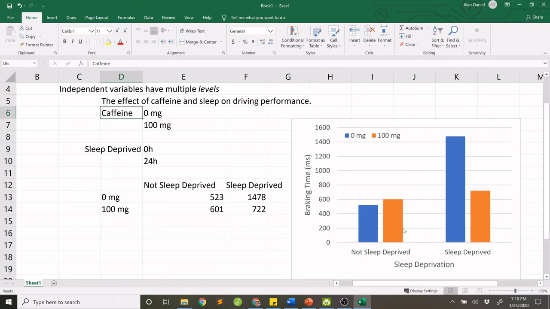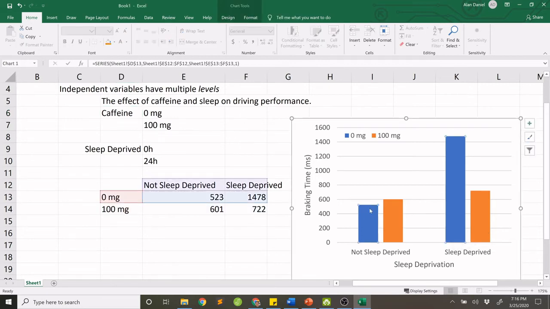So if we look at the difference between what changes from not sleep deprived without caffeine to sleep deprived without caffeine, is that big change different from the amount of change you get when you are not sleep deprived with caffeine and sleep deprived with caffeine, right?